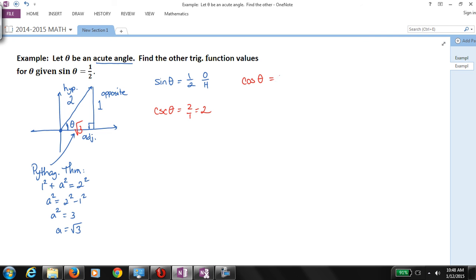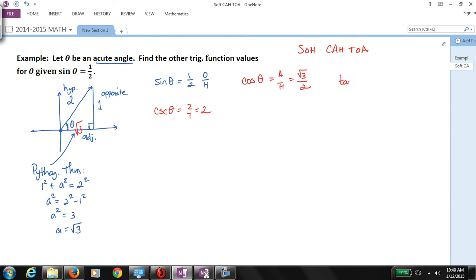Cosine, I know, is adjacent over hypotenuse. If you forget, just write SOHCAHTOA. Adjacent is now the square root of 3. Hypotenuse is 2. Cosine of theta is square root of 3 over 2.